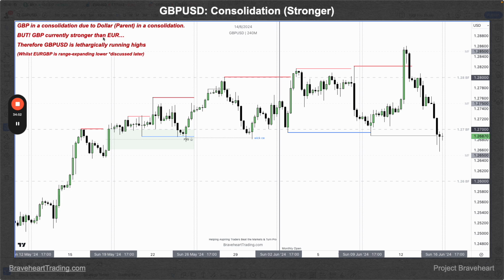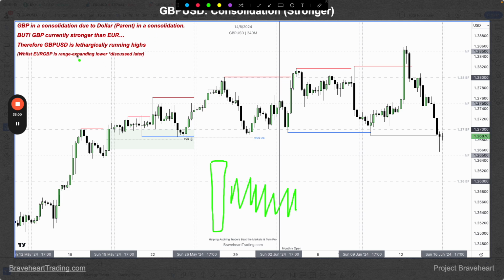So instead of holding stuck in between highs, you can see that due to pound being stronger, it will just run highs, but just in a lethargic way, where it's not really trying to expand, but there's just bullish momentum and bullish pressure.